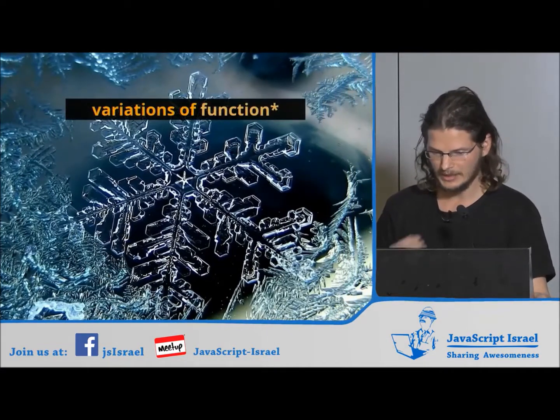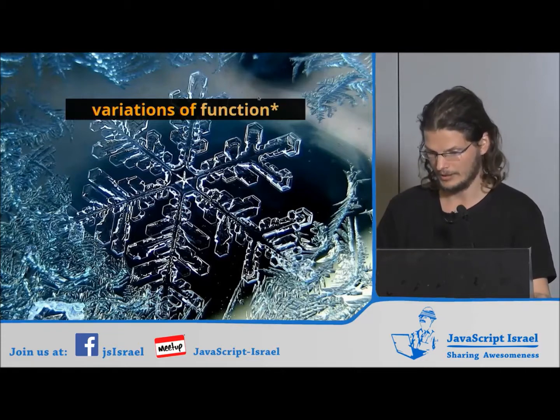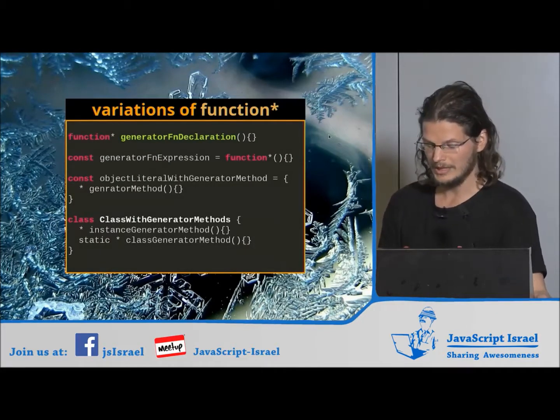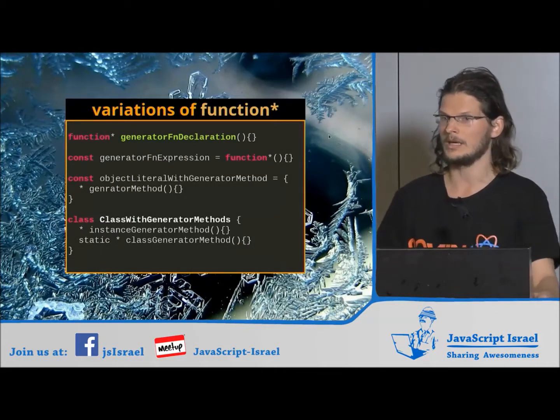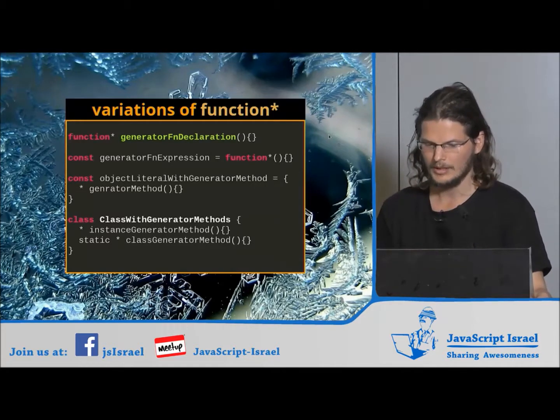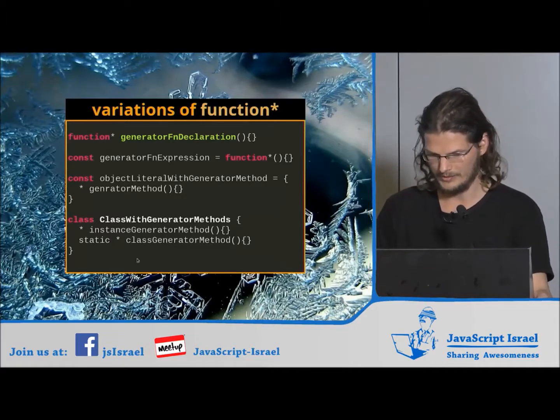And let's see some syntax. First of all, function asterisk is a generator function, and we can write them in a bit varying ways depending on their location, and these are all the options there are.